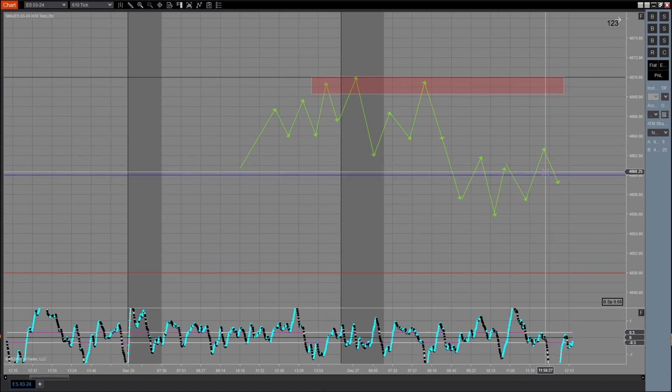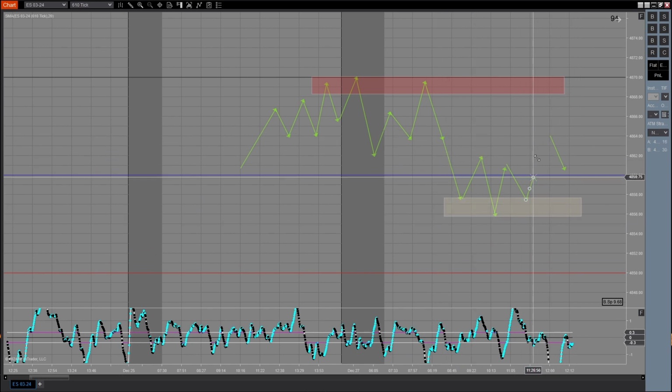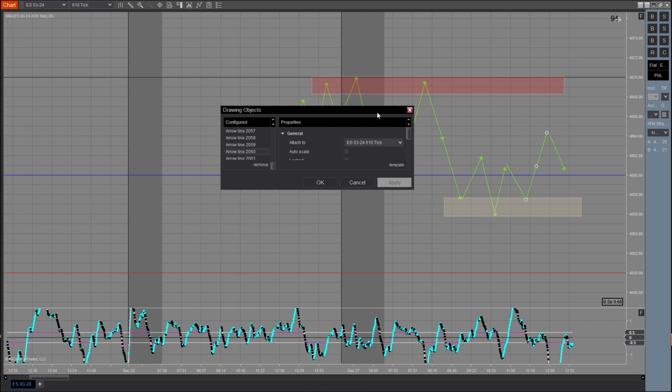So if there is support here, you would want to see some significant momentum up, or a significant run up off this price. Say we do, say this is our significant run up. Okay.